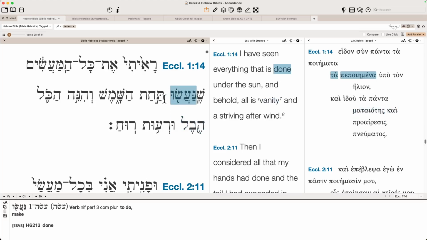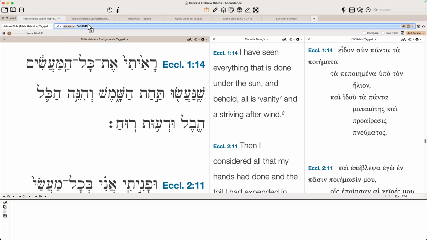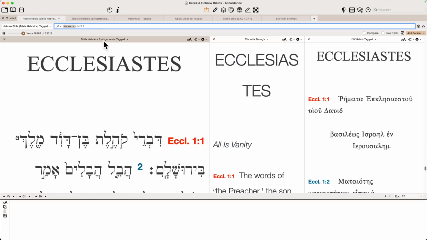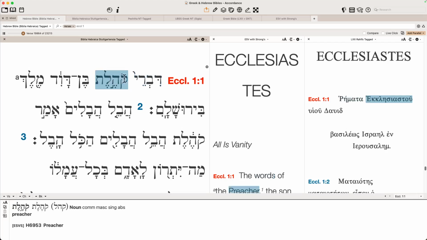And I just know from having done this before, I don't know why I didn't pull this one up, but I'll pull it up. If we look at Ecclesiastes 1, the words of, and this is really weird, what looks like a feminine participle, but it has to be masculine because it's a son of David.